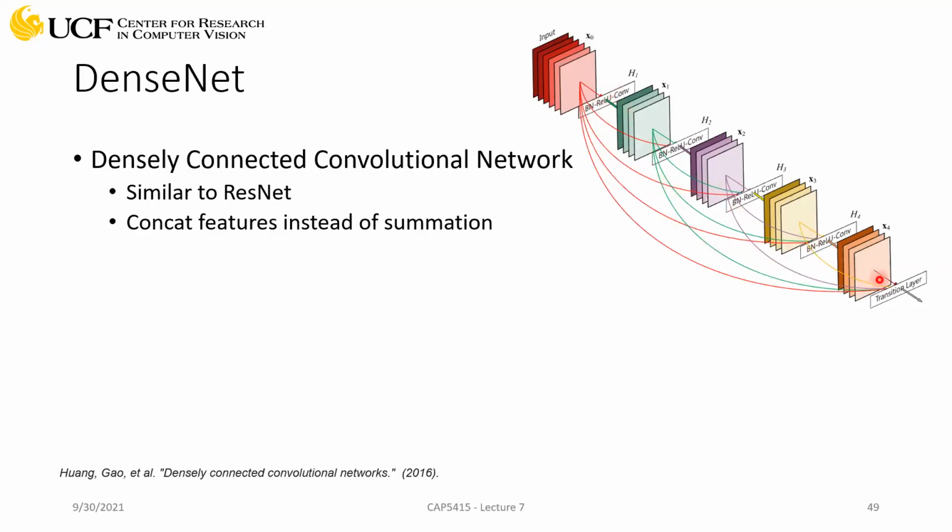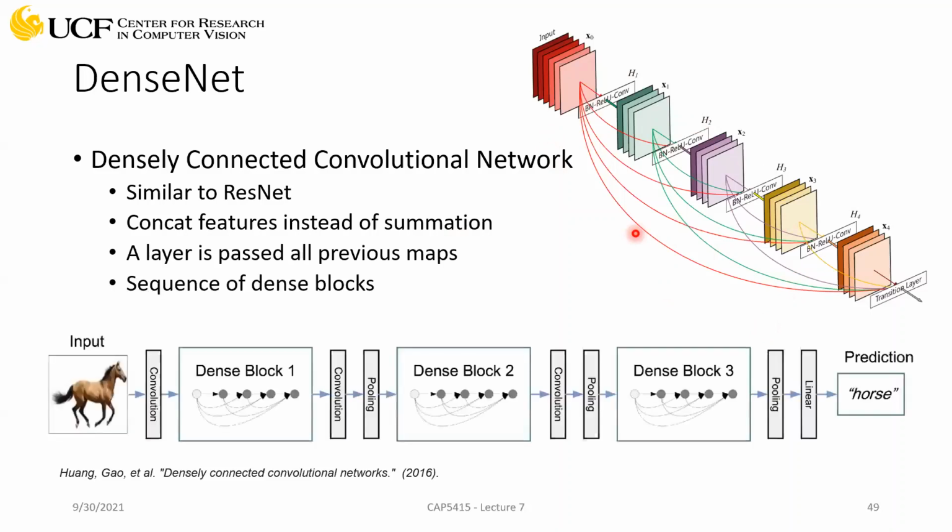In ResNet, we were just adding these features. In this case, we are concatenating these features. That's why it's called DenseNet, because these skip connections are very dense. Then we can have these dense blocks and stack them on top of each other, and this is the architecture for DenseNet.